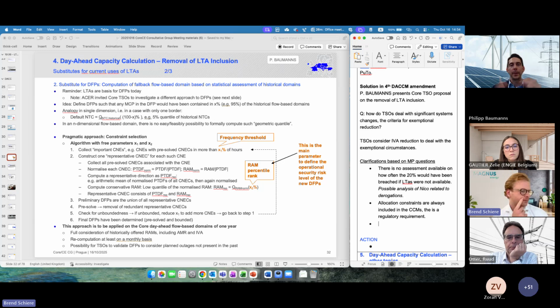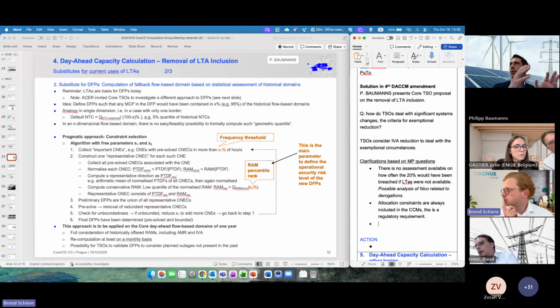And based on that, you could compute a flow-based domain that is statistically contained in X% of the historical domains. That's, as I said, the idea behind that. We do some unboundedness checks and so on, and then in the end, that would form the future default flow-based parameters, which would hopefully be above the LTAs as today.